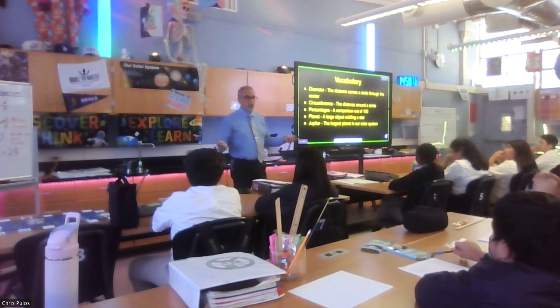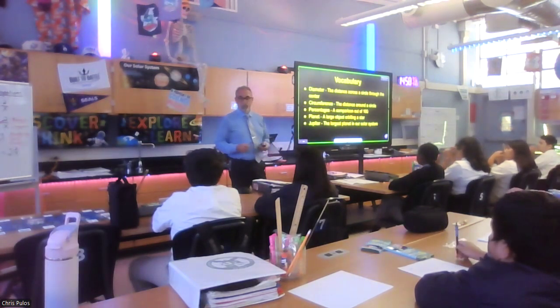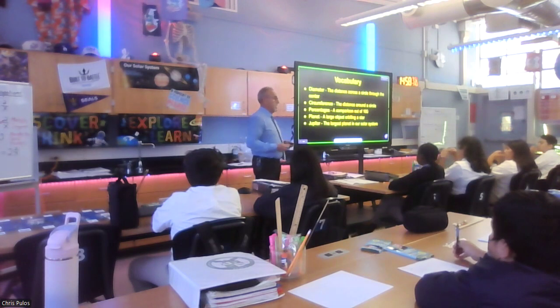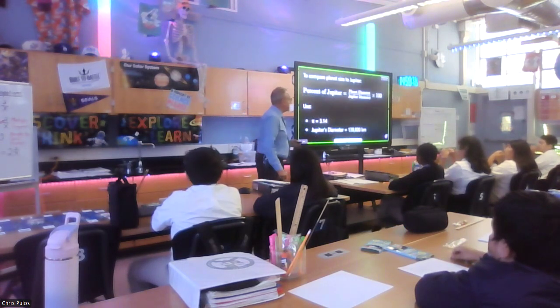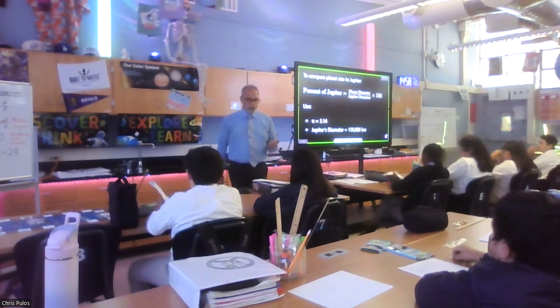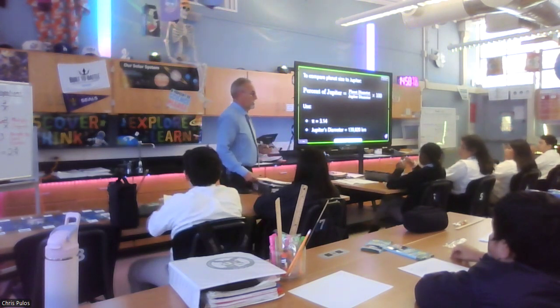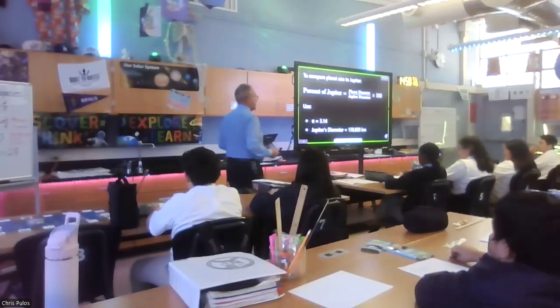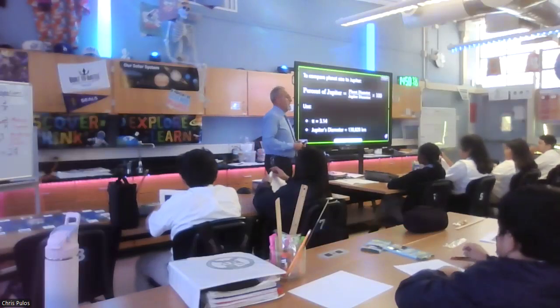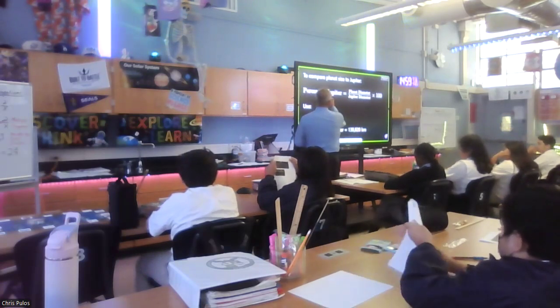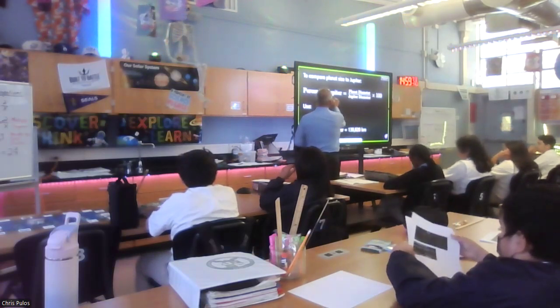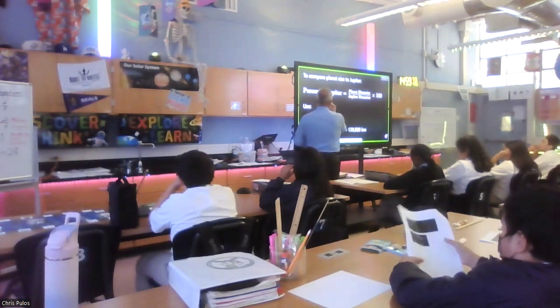And then a planet is a large object that orbits the sun, and Jupiter again is our largest planet. So we're going to go into how to figure out the percentage of how big a planet is compared to Jupiter. Now remember, when figuring out percentages, you take the part over the whole.